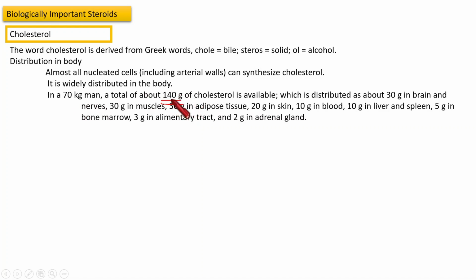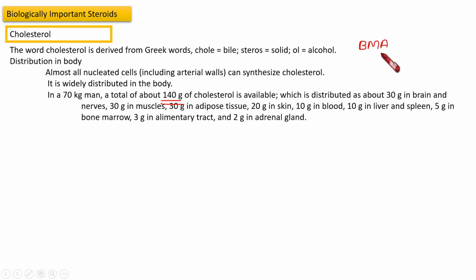And where is this 140 gram distributed? There are three major sites having this cholesterol. We can memorize those sites by this short form BMA. B for brain, M for muscle, A for adipose tissue. And all these areas contain cholesterol in maximum amount.